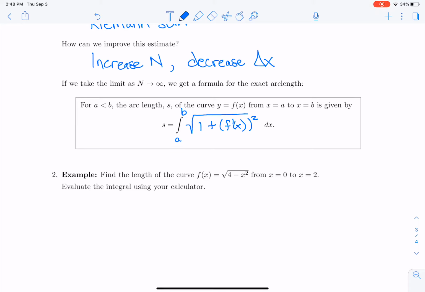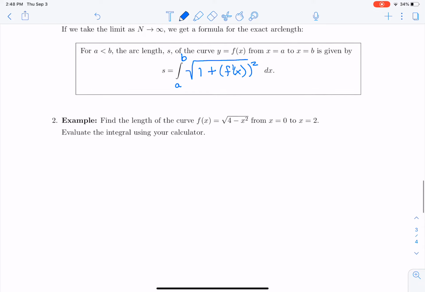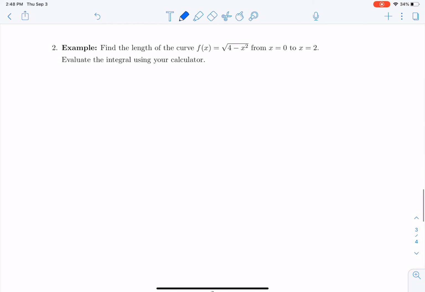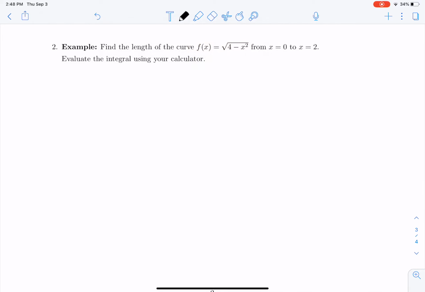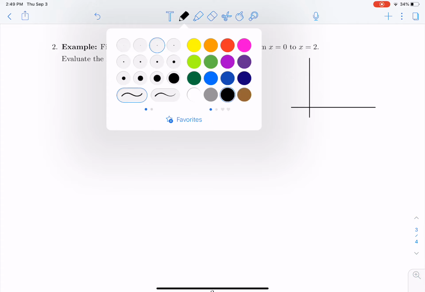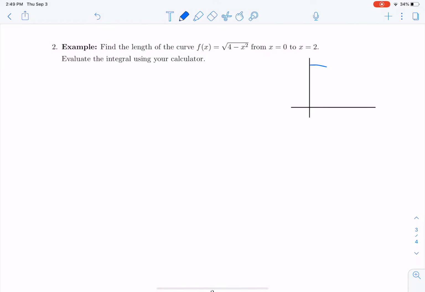Okay, so let's look at an example. Our example is going to be: find the length of the curve, the square root of 4 minus x squared. So first of all, I want you to realize that this is actually going to be the equation of a circle.